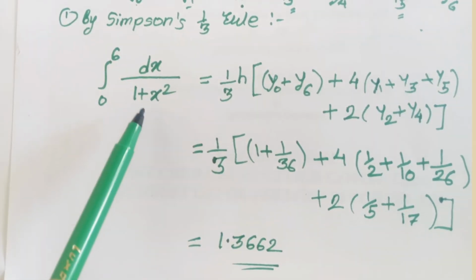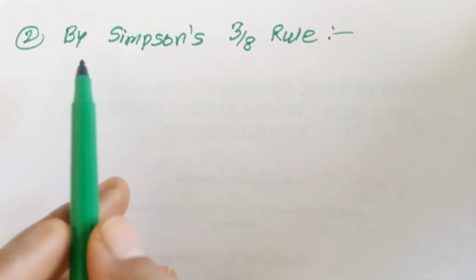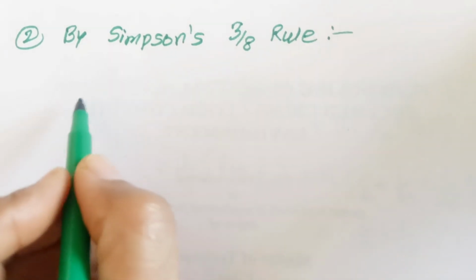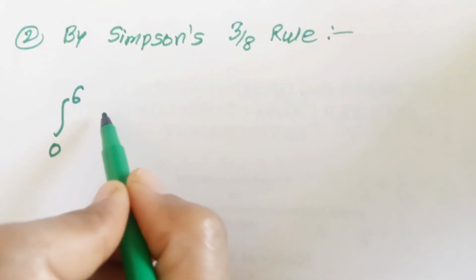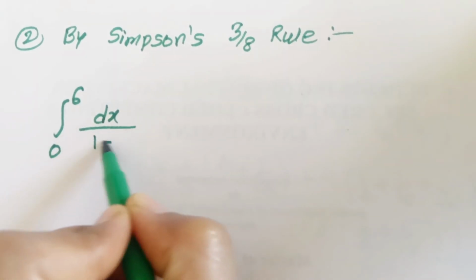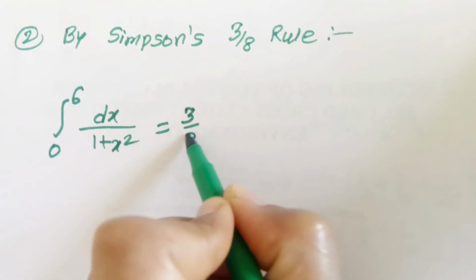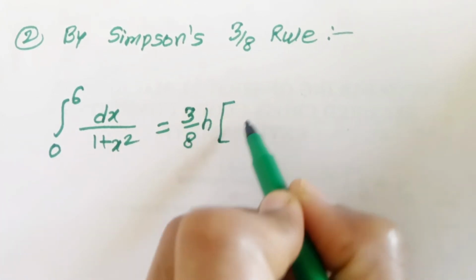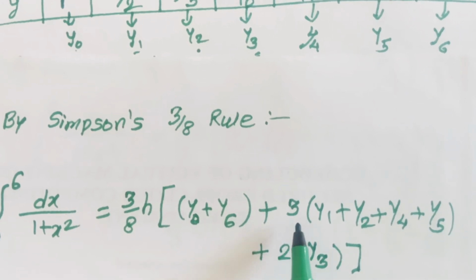Now the same question we solve with the help of Simpson's 3/8 rule, and we know the formula of Simpson's 3/8 rule. Here integral 0 to 6 dx divided by 1 plus x square equals 3/8 into h in bracket, first term plus last term y0 plus y6, plus 3 times the terms whose suffix is not a multiple of 3.